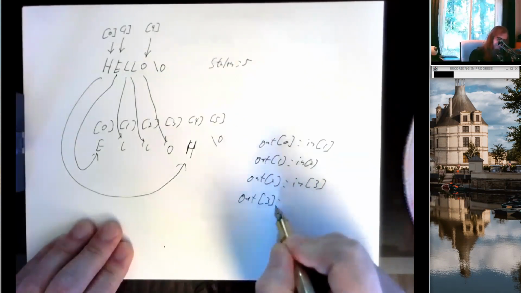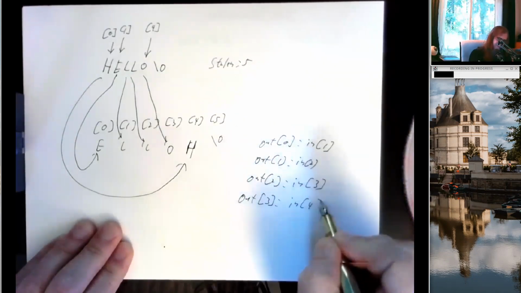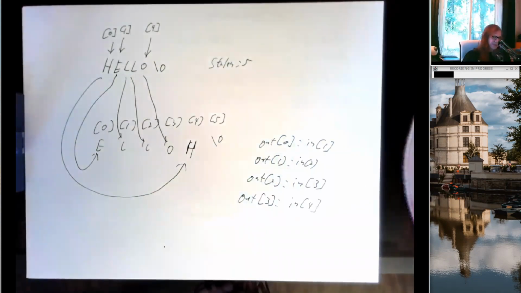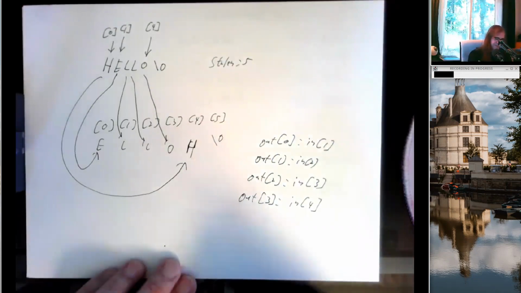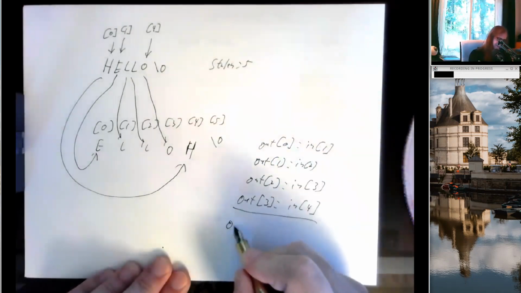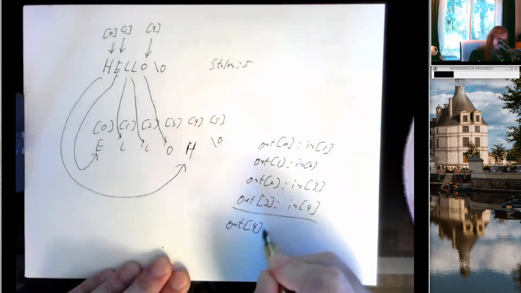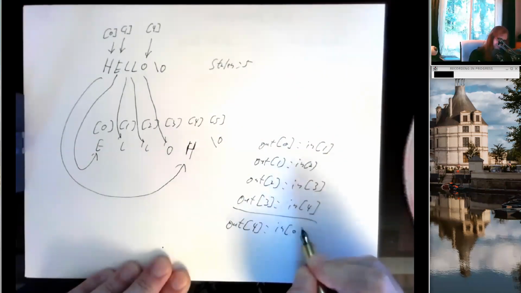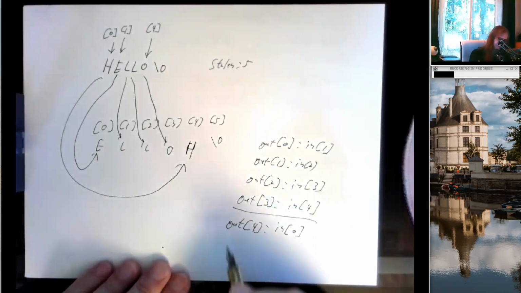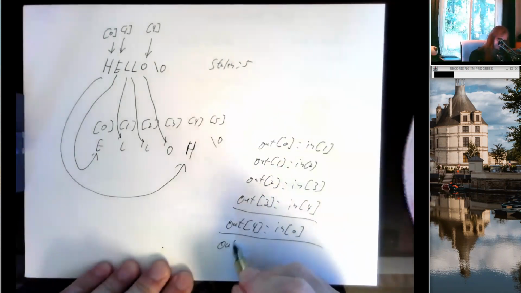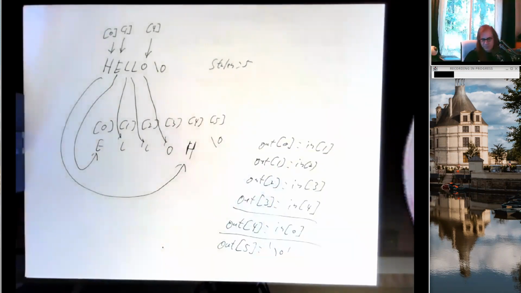Out 3 comes from in 4. And that copies the ELLO. And then we have this one oddball case where out bracket 4 equals in 0. And then we need the null terminator. So in this case, those would be the things that we want our move function to do.